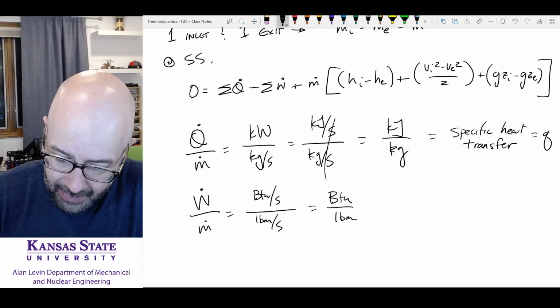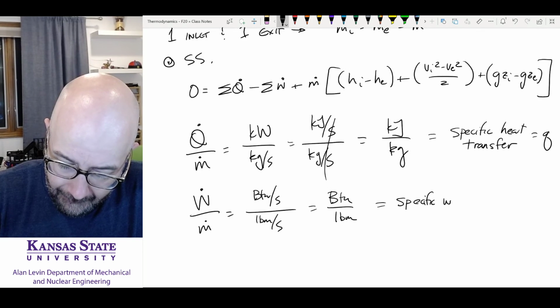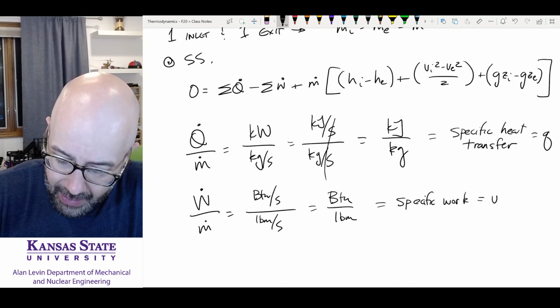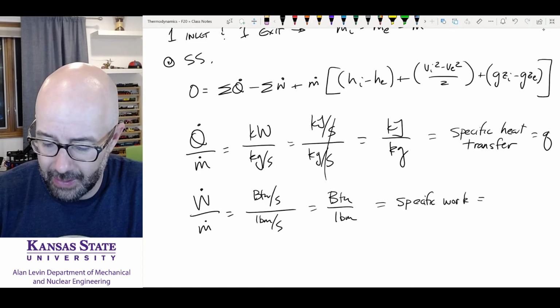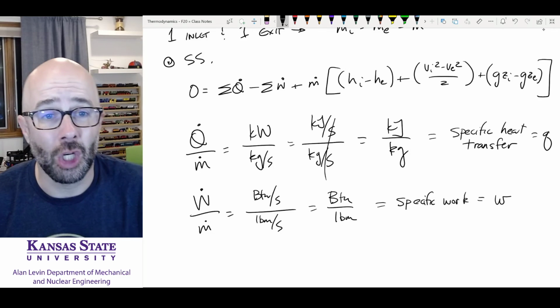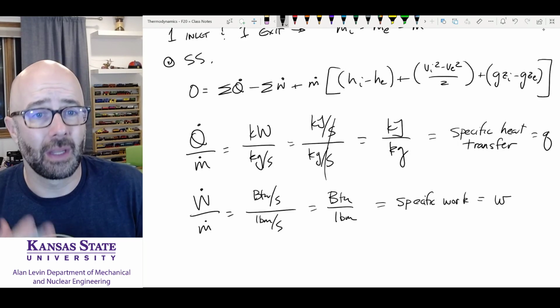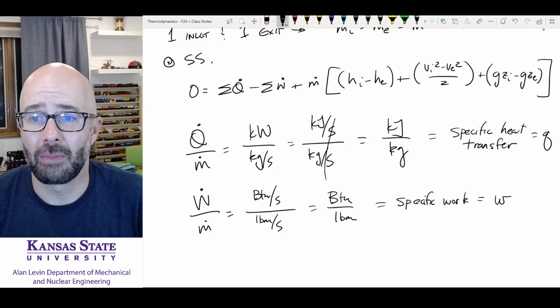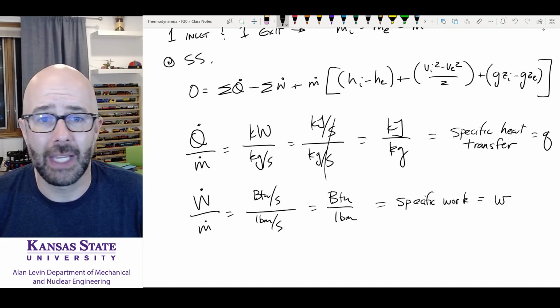And this is specific work, and sometimes that's called a lowercase w. Now we don't use that a lot in this class, in this book, but you're going to be referring to other things, dealing with other problems, and this is a language they use in some of the problems. They deal with specific work, lowercase w, and specific heat transfer.